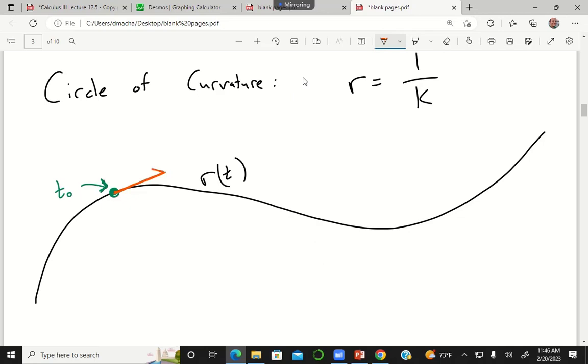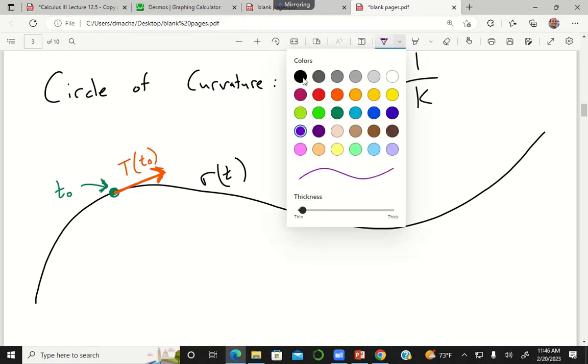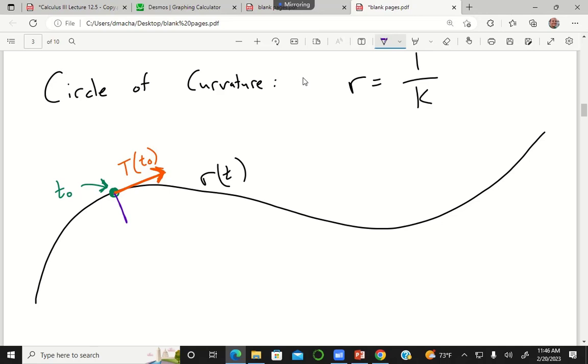So this vector is going to be my capital T of t naught. This is orthogonal to the tangent and pointing in the direction in which the curve curves, that is my principal unit normal vector at the value t naught.